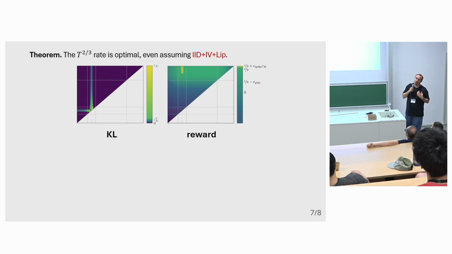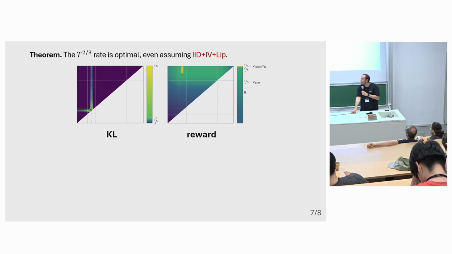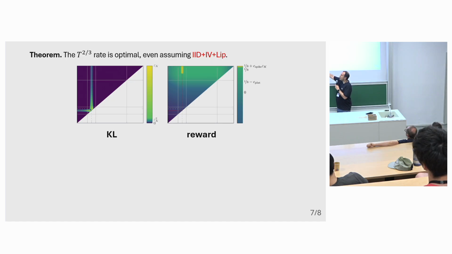The amount of information that we get by playing a given pair is represented by the KL plot over there. And it's kind of high close to the diagonal. It is low but non-trivial close to the very top, which is where the reward is at its maximum.